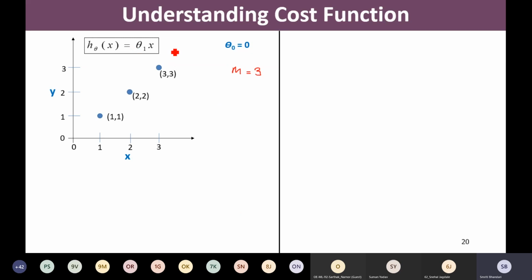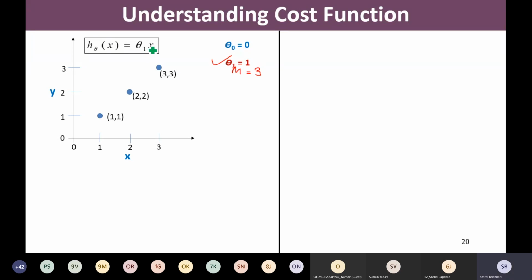Now, what we are going to do is pick the value of theta 1, right? So let us assume that our theta 1 value is equal to 1.